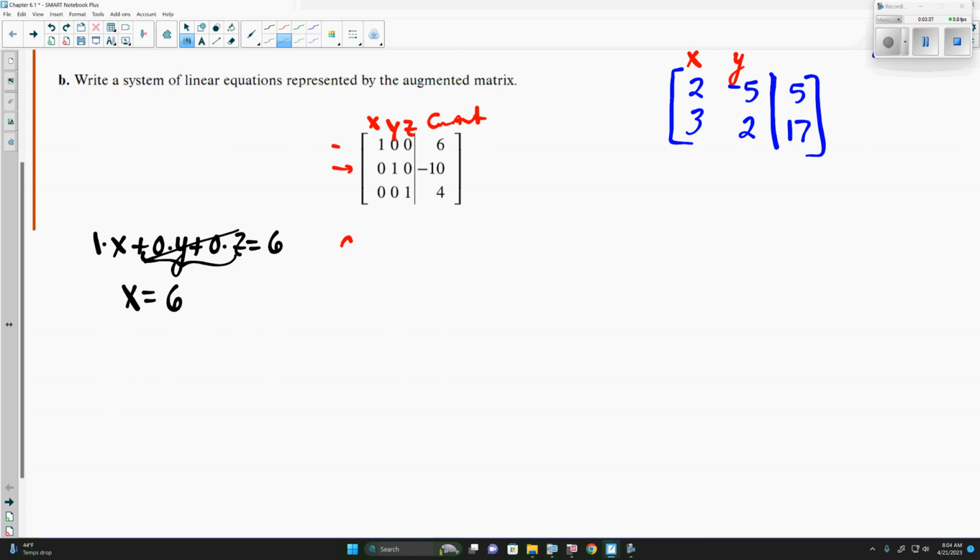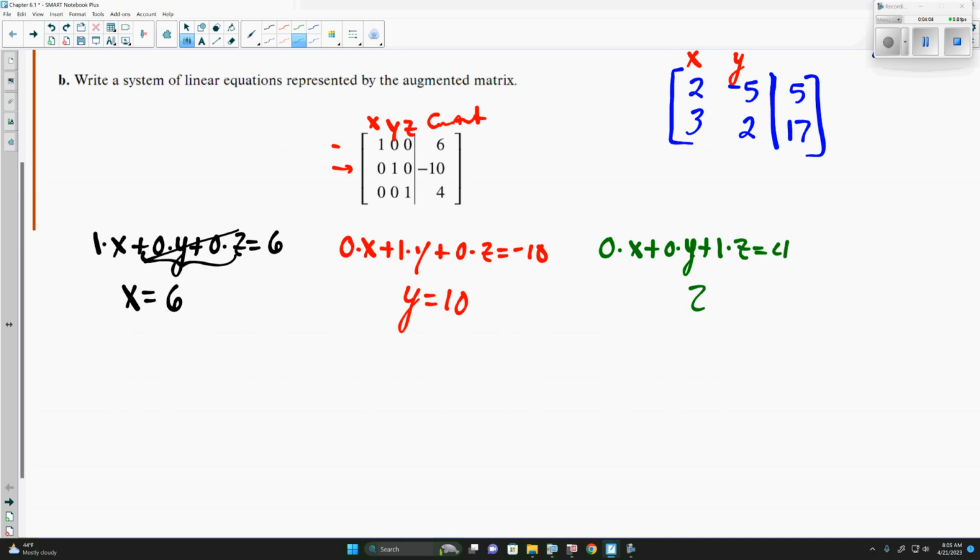Our second one is telling us 0 times x plus 1 times y plus 0 times z is negative 10. Or really, this is just saying y is equal to negative 10. And lastly, we have 0 times x plus 0 times y plus 1 times z is equal to 4, which is just telling us z is 4.